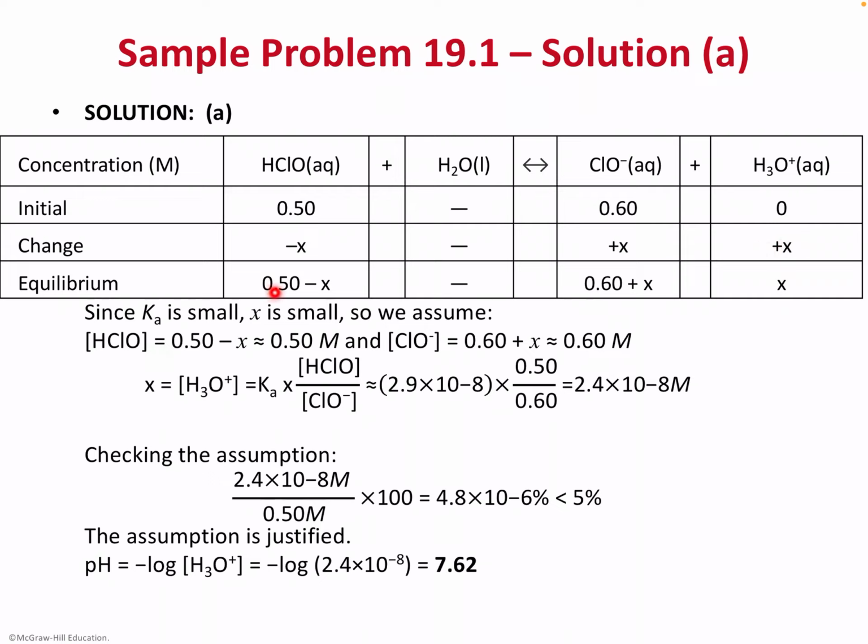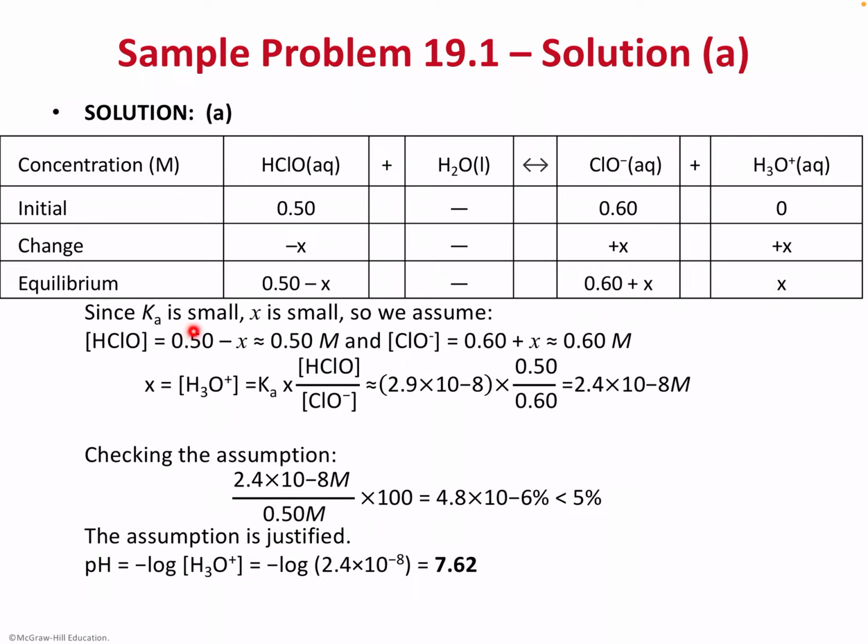So at equilibrium, you use negative X, so 0.5 minus X. And the hypochlorite ion: initially we had 0.6, and the X amount that is dissociated will be added to 0.6. So the equilibrium amount would be 0.6 plus X. And the hydronium ion would remain as X.